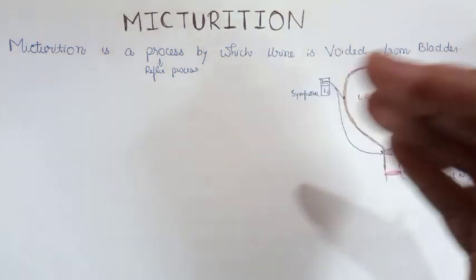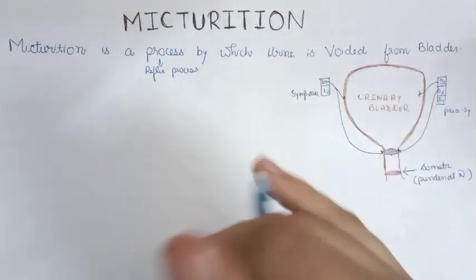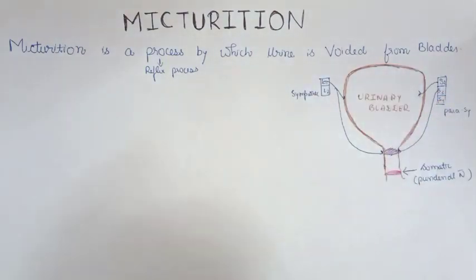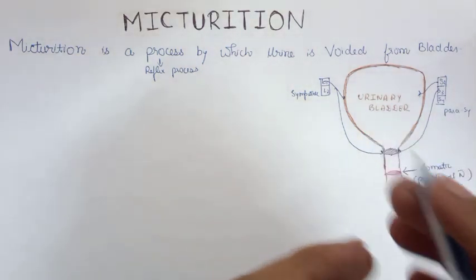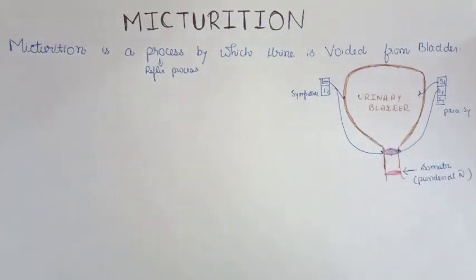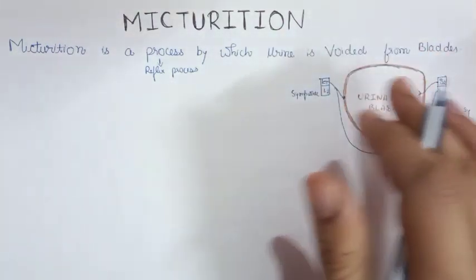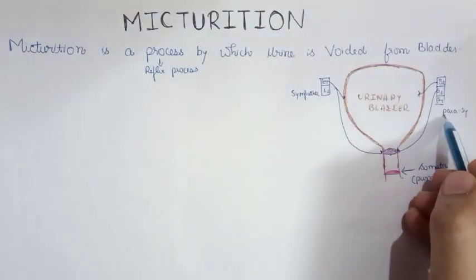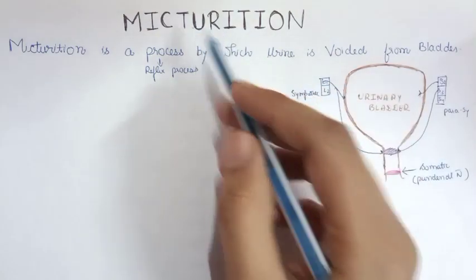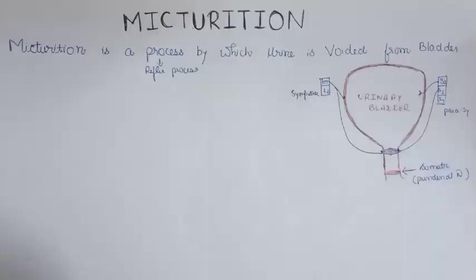Now we have to understand the work of all these three types of nerve innervation to the urinary bladder and the sphincters. The parasympathetic helps in the emptying of the urinary bladder. Here is a mnemonic to remember the function of parasympathetic and sympathetic: parasympathetic promotes micturition and sympathetic stops micturition.